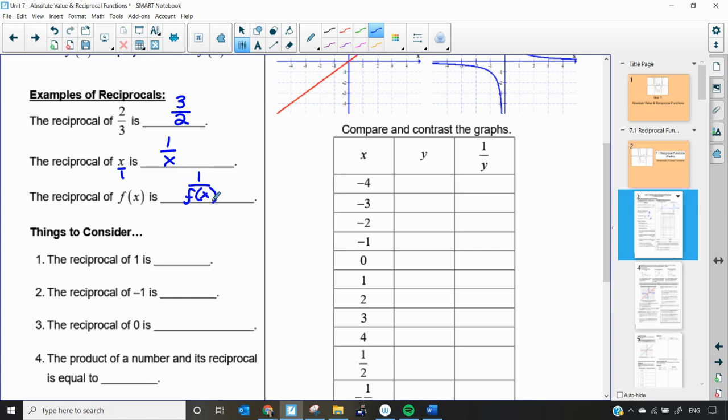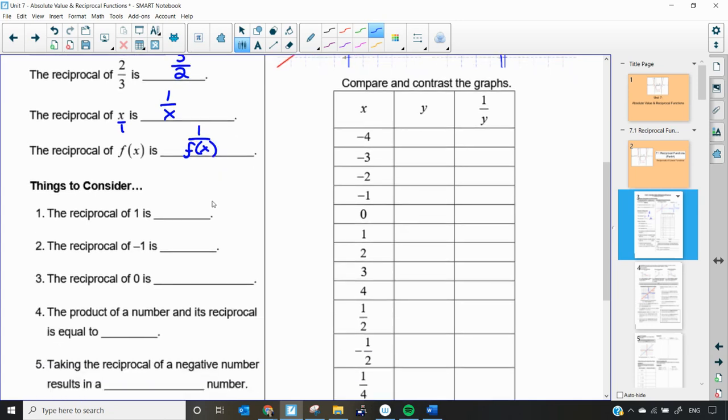Some other things that we want to consider, and this is going to come into play when we look a little bit more at our examples: the reciprocal of 1 is 1 over 1, which is just 1. The reciprocal of negative 1 is negative 1 over 1, which is just negative 1. And the reciprocal of 0 is 1 over 0, meaning it's undefined.